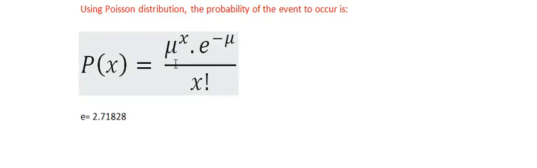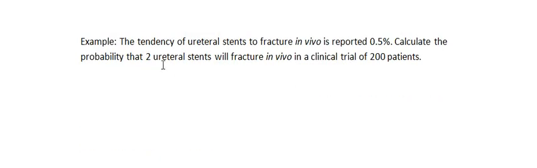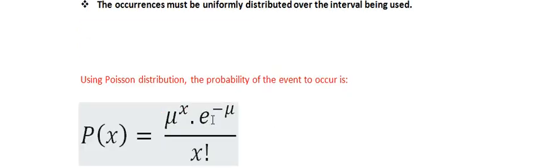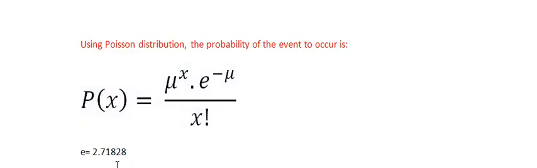The mu is the mean. X is what we're looking for, in this case the two urethral stents. E is a constant value of 2.71828.